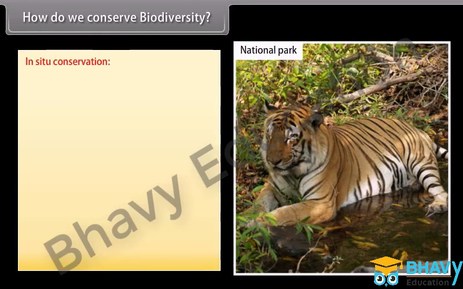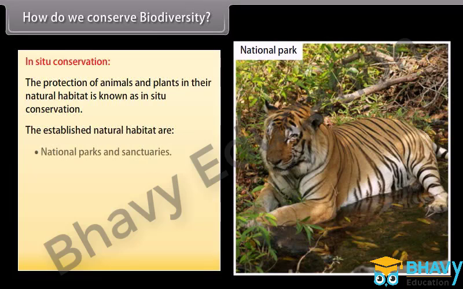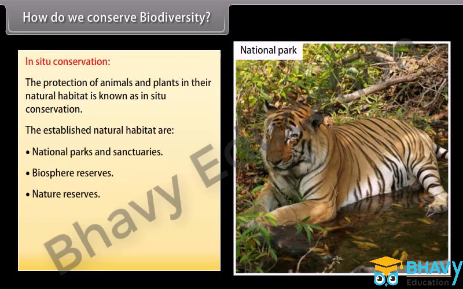In situ conservation: the protection of animals and plants in their natural habitat is known as in situ conservation. The established natural habitats are national parks and sanctuaries, biosphere reserves, nature reserves, reserved and protected forests, and preservation plots.